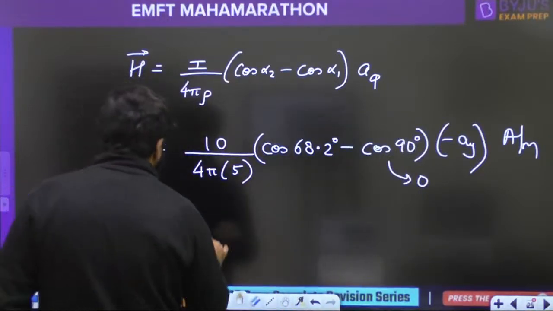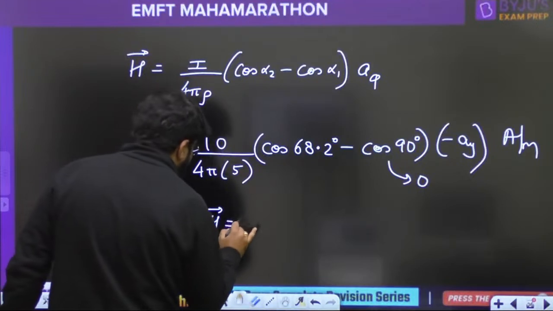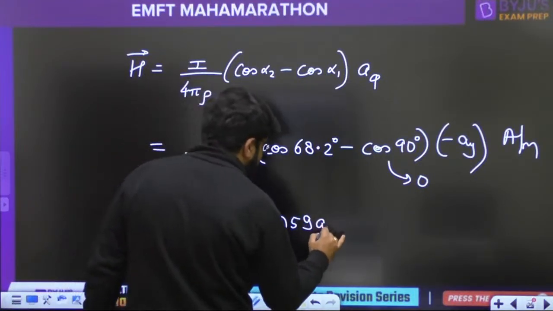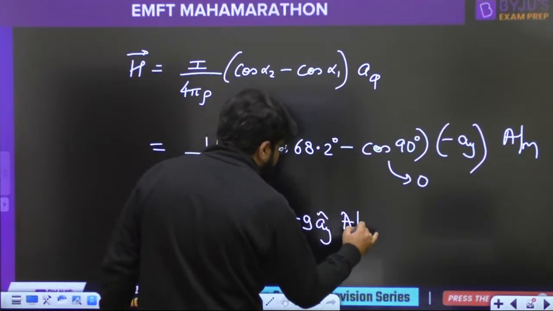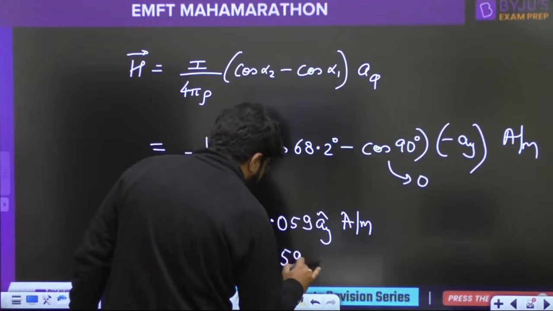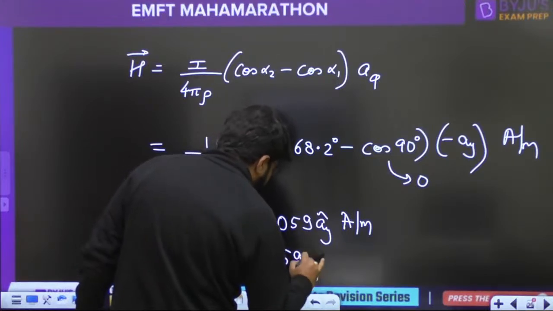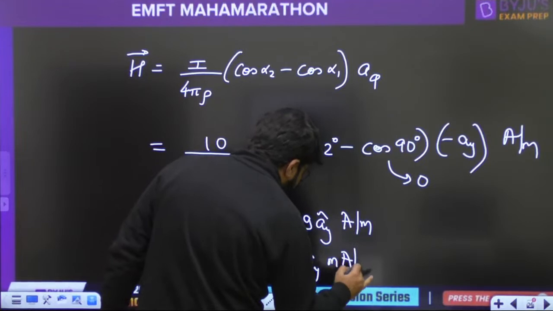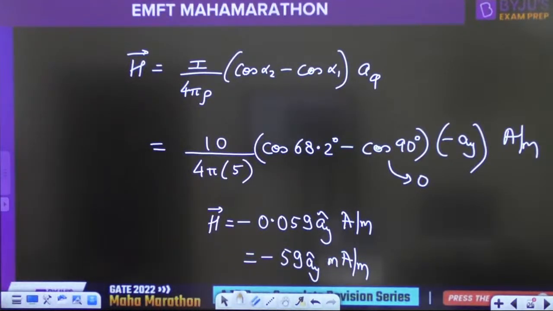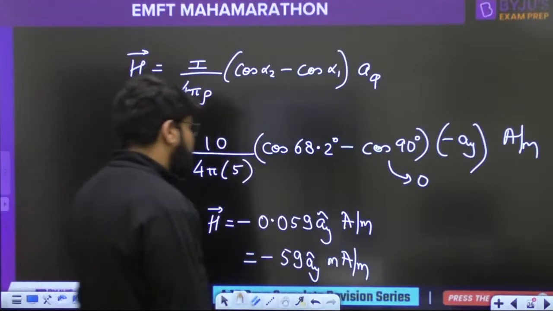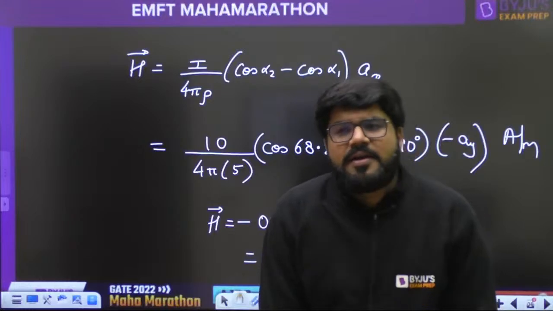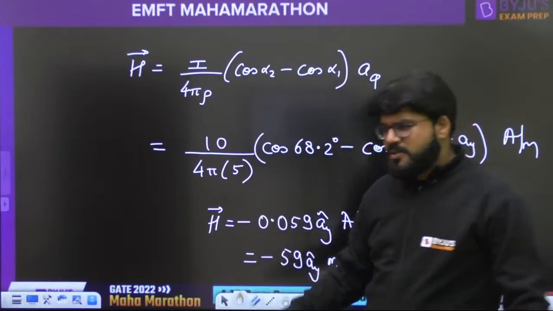Okay, so the final answer is turning out to be minus 0.059 AY ampere per meter, or if you want, you can write it as minus 59 AY milliampere per meter. So I have written minus 59 AY milliampere per meter. That is also possible, depending on the units given in the options. Cool. Important, but simply solve this question.